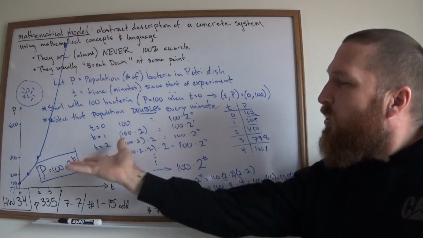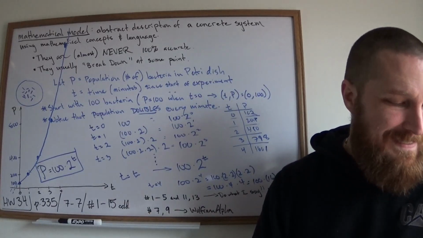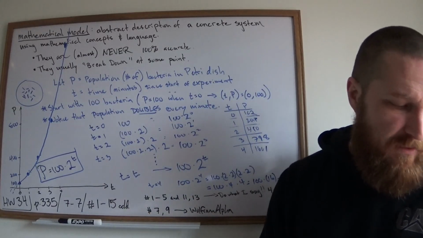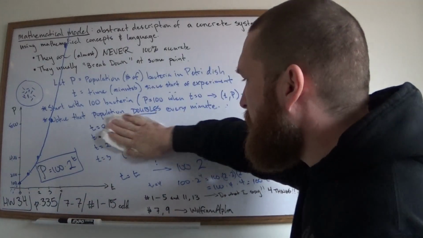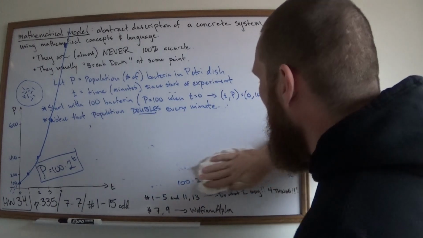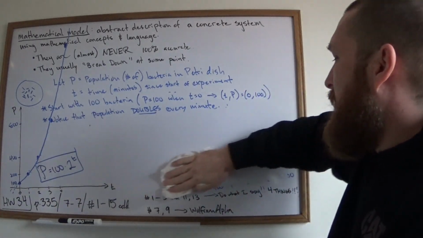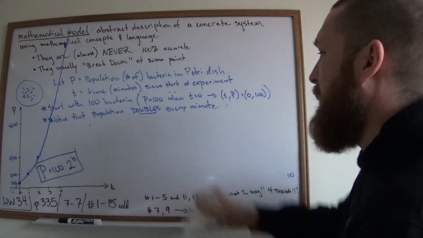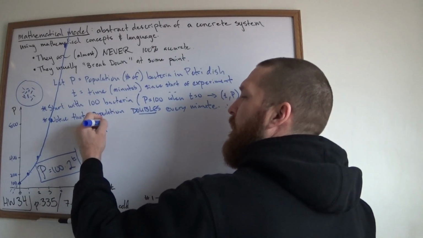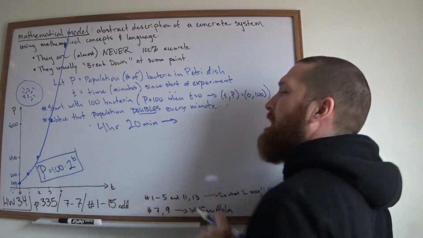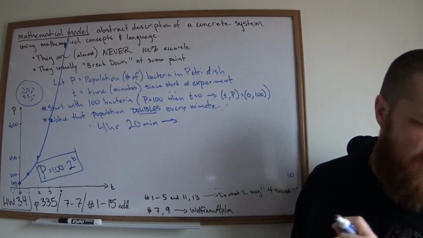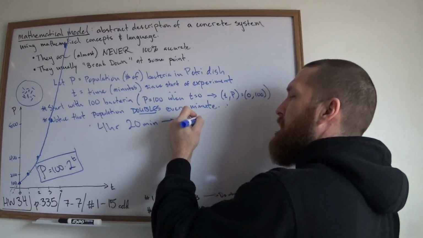So let's use our model to predict how many bacteria we will have 4 hours and 20 minutes from the start of the experiment. So 4 hours and 20 minutes is actually 260 minutes.